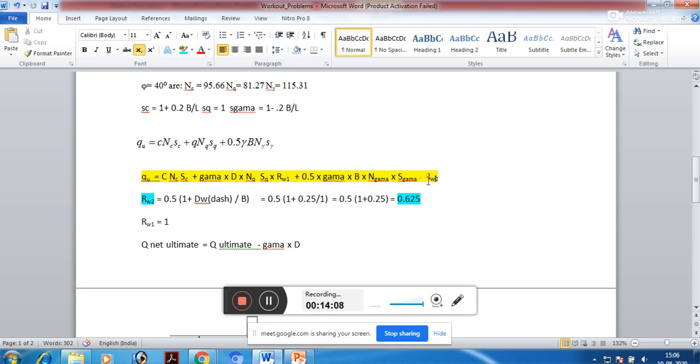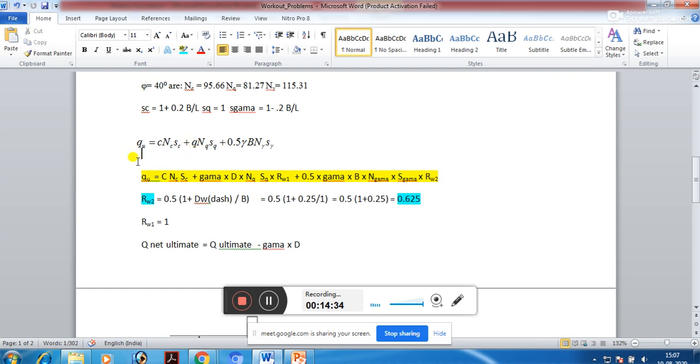You know the unit weight of soil and the soil shear strength parameters, that is C and phi, and also you know the water table correction factors RW1 and RW2.